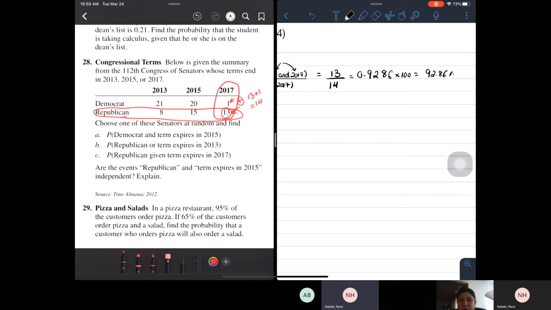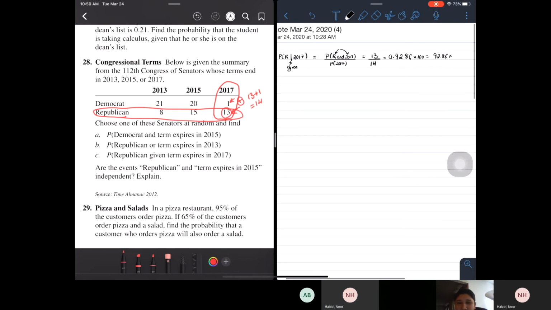Does that make sense? So at the top where it says and, I'm not multiplying those two numbers, Republican and 2017. I saw the word and, and I automatically thought I had to multiply. I understand that, but for this one we're doing a table.